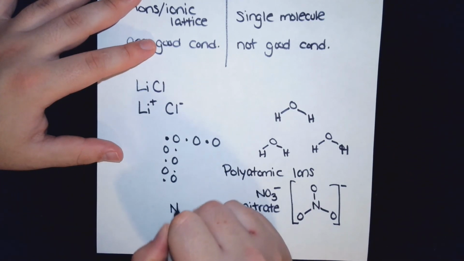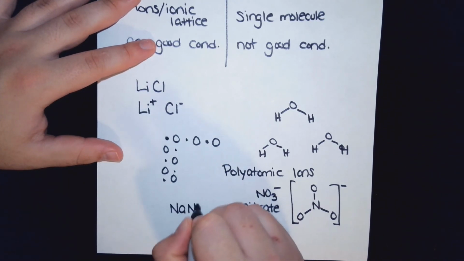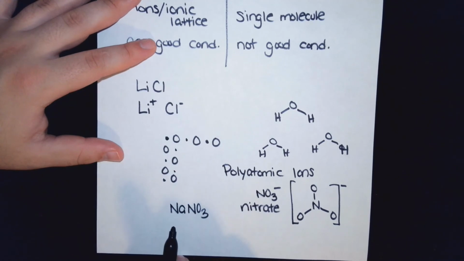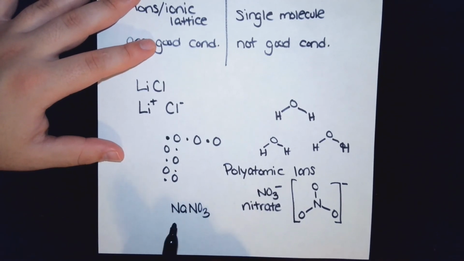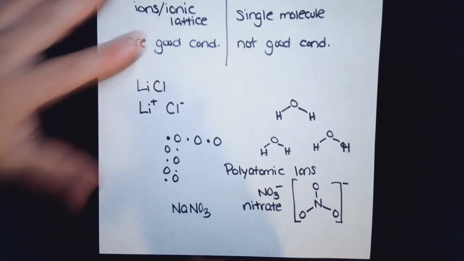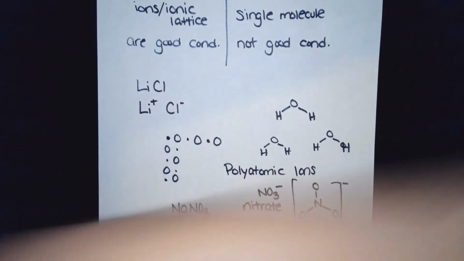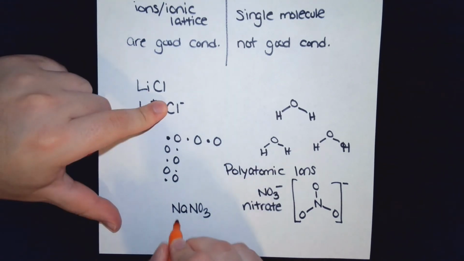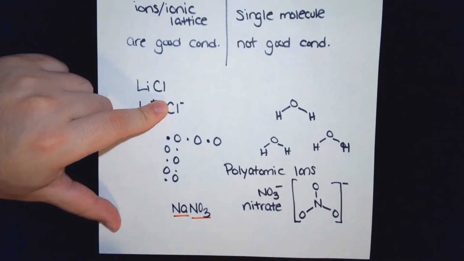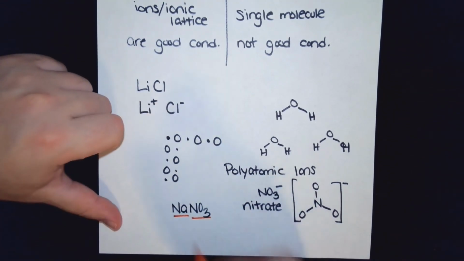So it can bond with a metal, for instance. Let's say NaNO3. Na, sodium, that's a metal, and it has a +1 charge. This has a -1 charge, so they can form an ionic compound. It's an ionic compound because it has a metal and these nonmetals, and that is the definition of ionic.